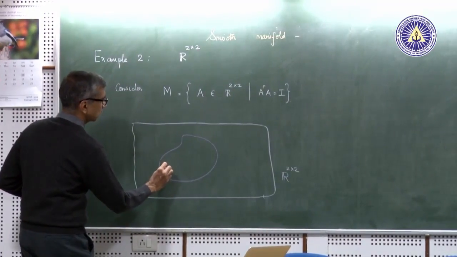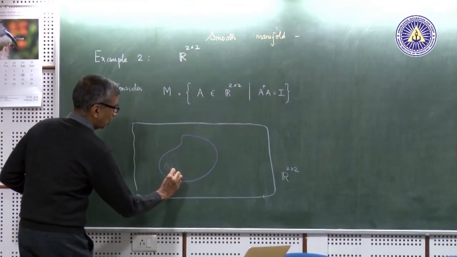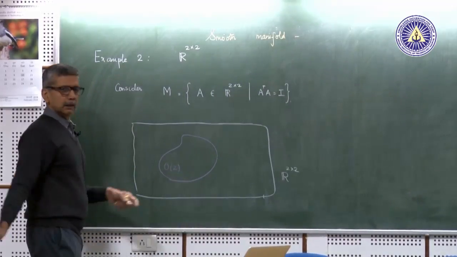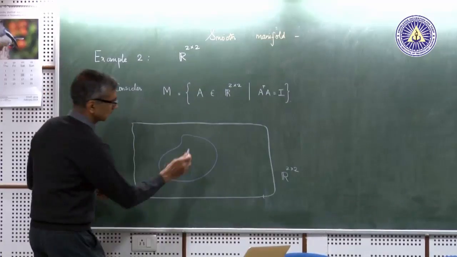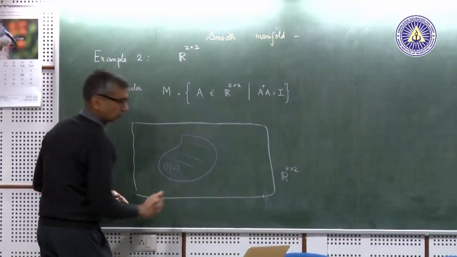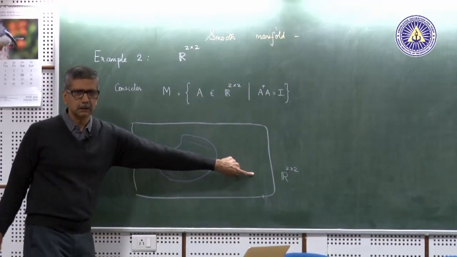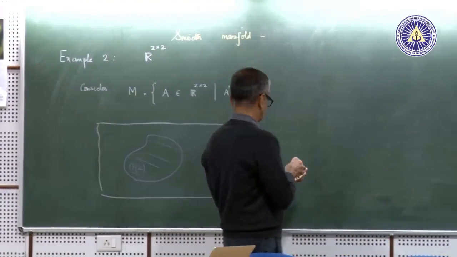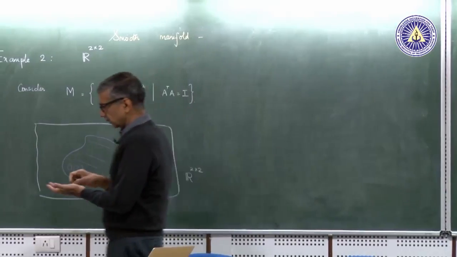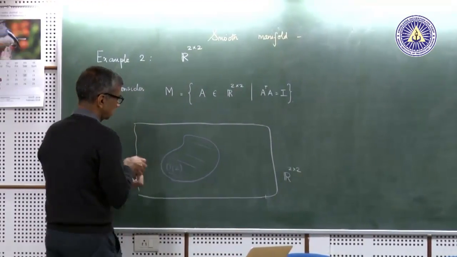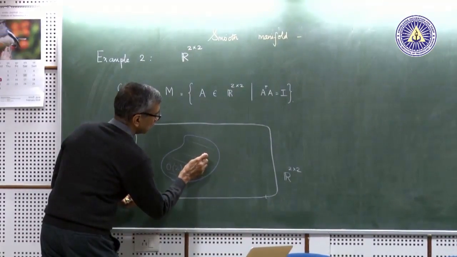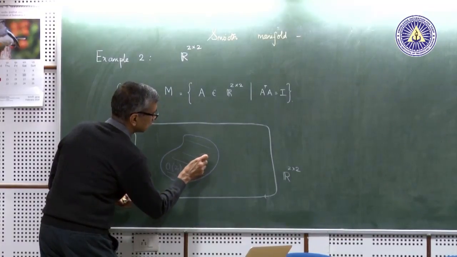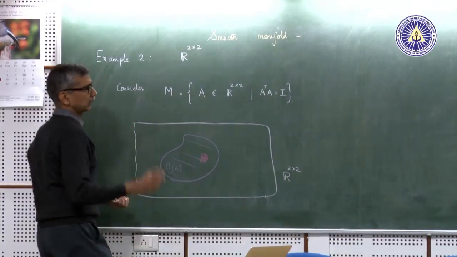So, these are, I will call it O2, orthogonal 2 by 2, sitting inside this, all right. So, let me take a small region just like I took in the circle, right.